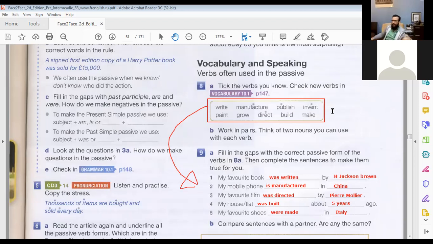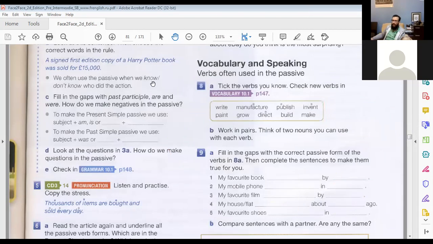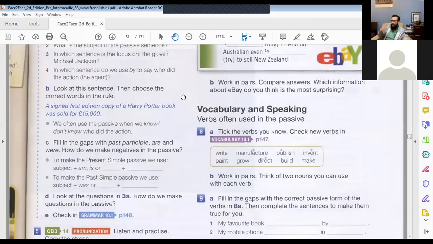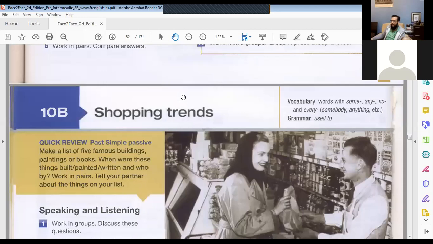Anyways, this is the passive. My advice is to do the workbook as soon as possible so you can get the idea and don't forget it because it's still a new topic. It needs a little bit of paying attention. And this topic will be repeated in intermediate in more detail.